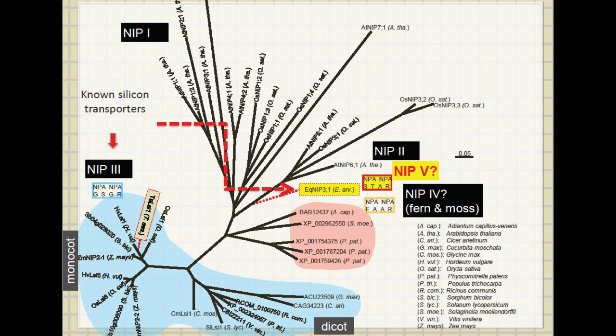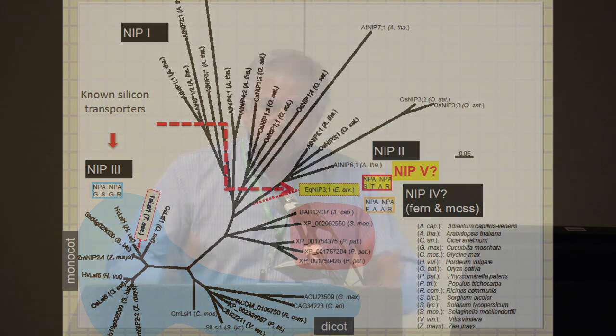And it has these novel characteristics at the level of its pore, which is, again, the first of its kind to be described in the plant kingdom. We'll leave it to others to decide whether or not it should found a new family and call it NIP5. This phylogenetic analysis is not exactly our area, so we'll leave more competent people to decide whether it should form a new branch and have its own label in this tree. But we'll leave it at that for now.